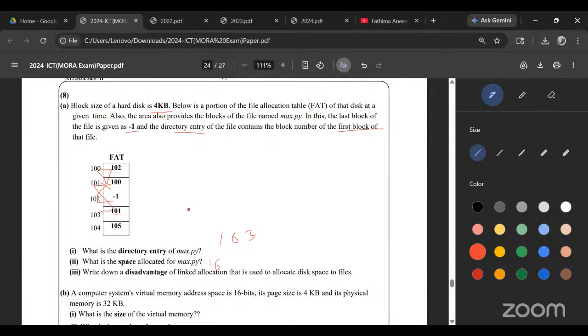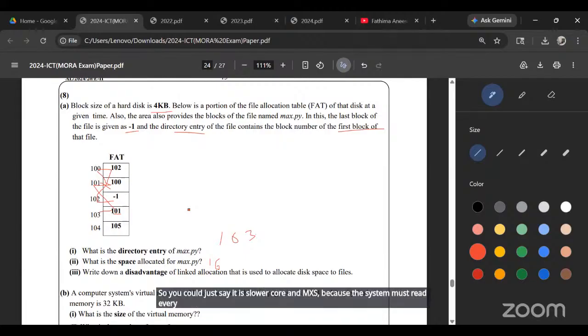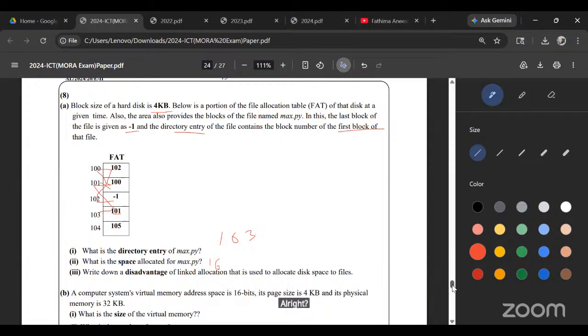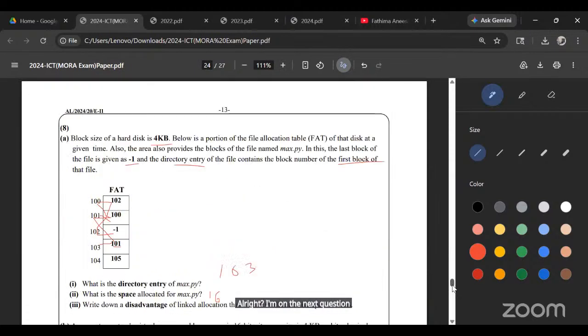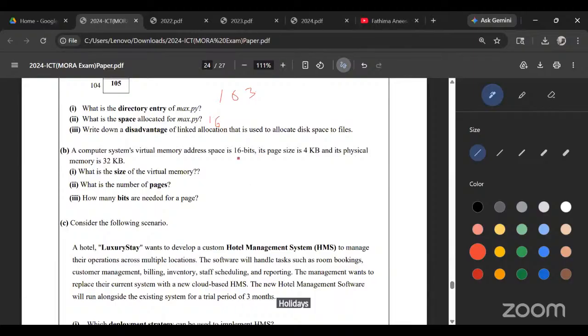So you could just say it is slower for random access because the system must read every block in the chain to find a specific piece of data in the middle of a file. All right, I'll move on to the next question. Yeah, only this much is there.